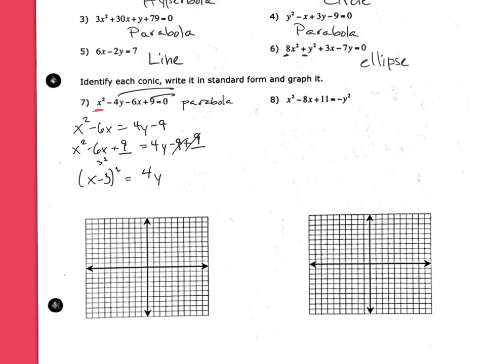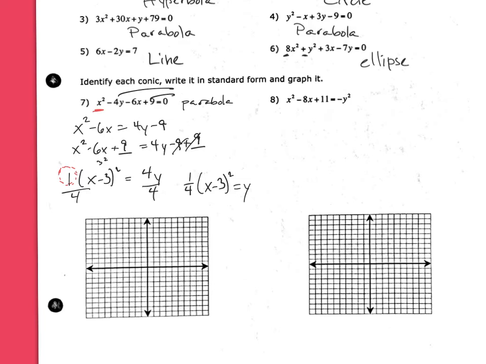Now remember, the goal is to have a number in front of the quantity squared. We've seen some where it was a fraction. We've seen some that haven't been fractions. So we're going to divide both sides by 4. And then, of course, that's going to make this a 1/4. So we're going to have 1/4 x minus 3 quantity squared equals y.